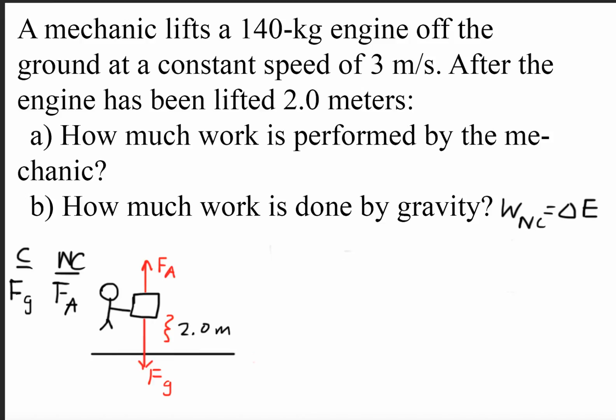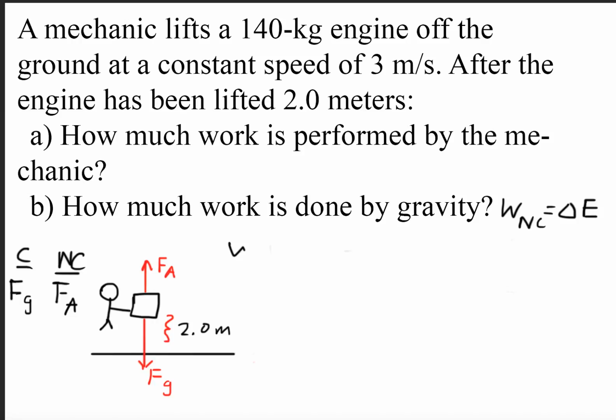So now that we have established what our conservative and non-conservative forces are, we ask ourselves, are the non-conservative forces doing any work on the system? In this situation, the applied force is doing work on the system.